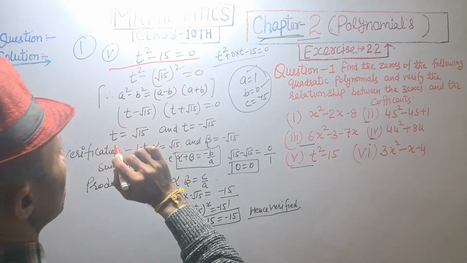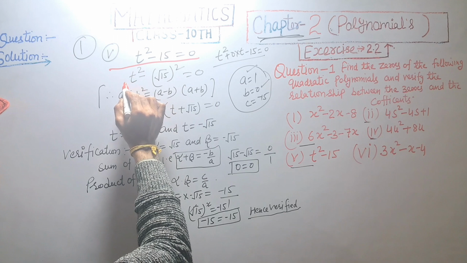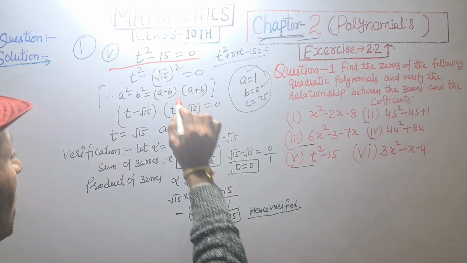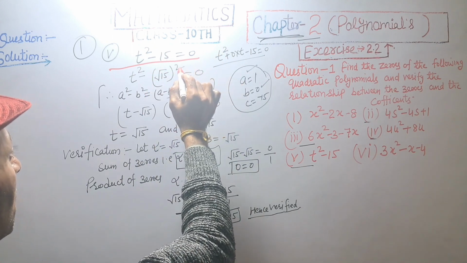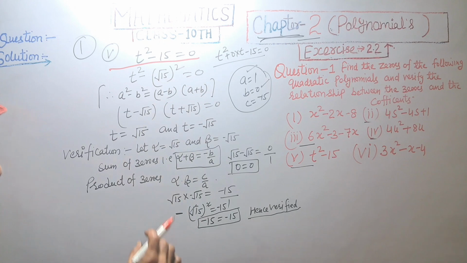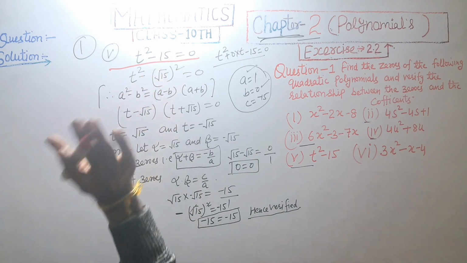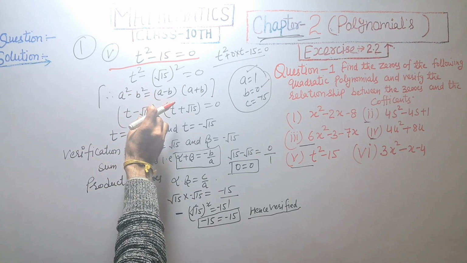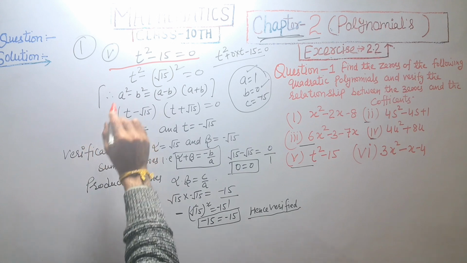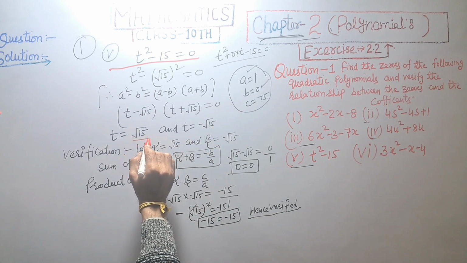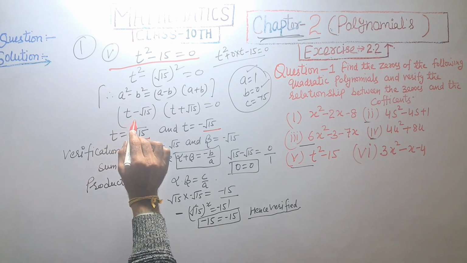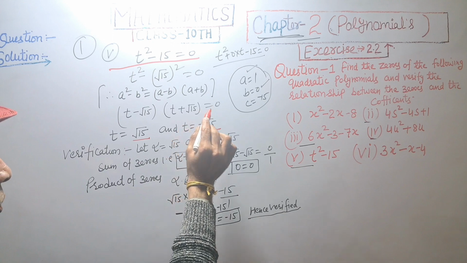Given t square minus 15 equal to 0, and t square minus 15 can be written as t square minus root 15 square equal to 0. a square minus b square can be written as a minus b into a plus b. a is equal to t, b is equal to root 15. a minus b into a plus b is equal to 0. t is equal to positive root 15 and t is equal to negative root 15.